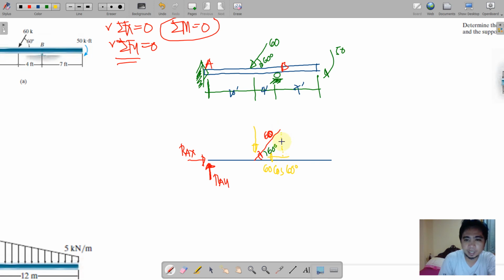Pero itong force na to, kailangan nating transfer to determine na ito opposite all of your reference angle. So therefore, we can say that this is 60 sine of 60 degrees. So this is computed to be 30. Okay, so this component is computed to be 30, and the other one, 60 sine of 60, is 51.96. Okay.